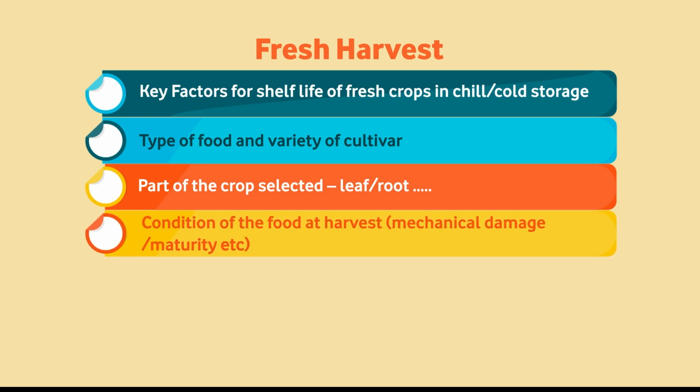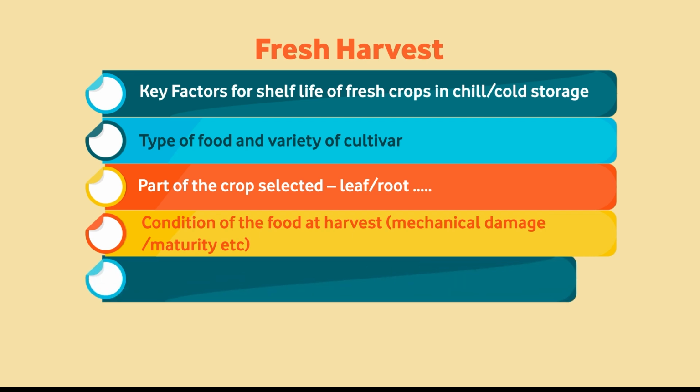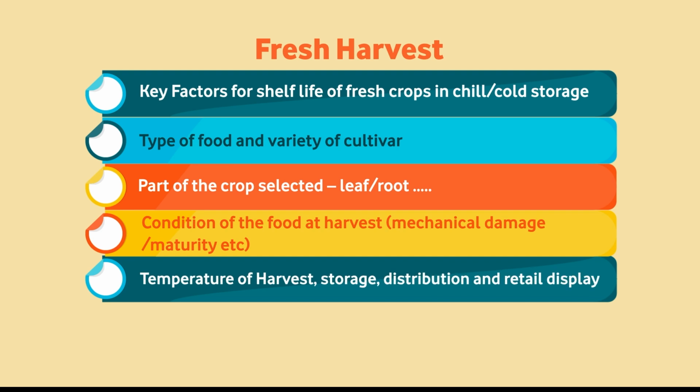Then the condition of the food at harvest: is there any mechanical damage, and what was the maturity at which it is harvested? Leafy vegetables we harvest at quite a tender stage. For fruits, we harvest at just the matured stage. Then the temperature of harvest and storage: before you lower the temperature, how long has it been exposed to a field temperature or an elevated temperature.